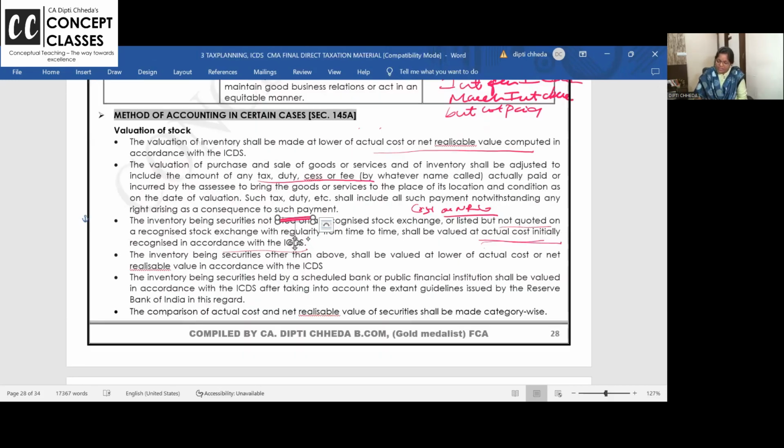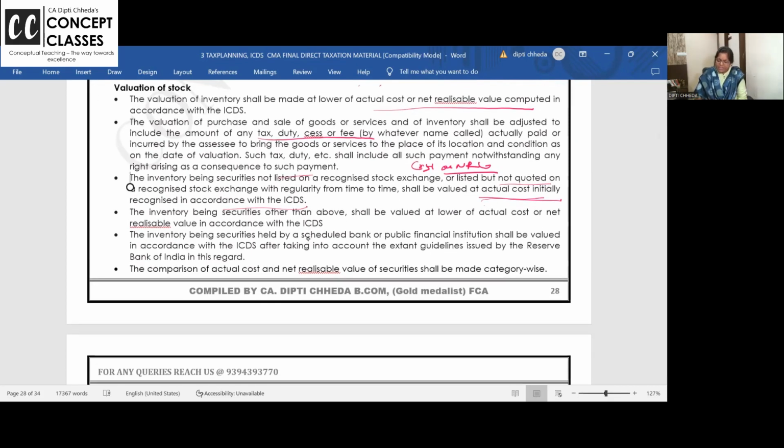Inventory being securities other than above shall be valued at lower of cost or NRV in accordance with the ICDS. Inventory being securities held by scheduled bank, public financial institution shall be valued with ICDS after taking into account RBI guidelines. Banks are governed by Banking Regulation Act, wherein all the guidance is given by the RBI.